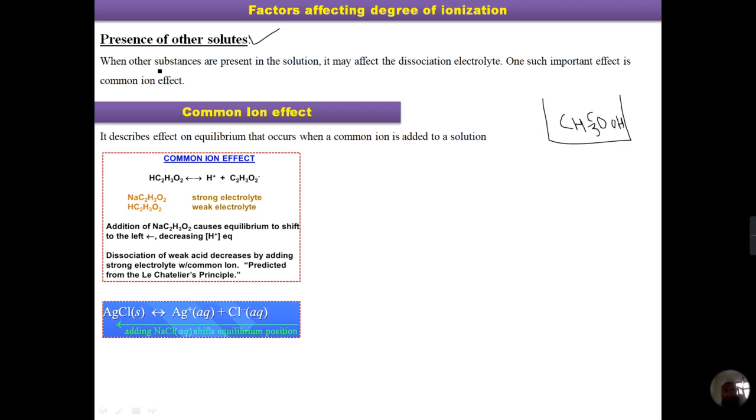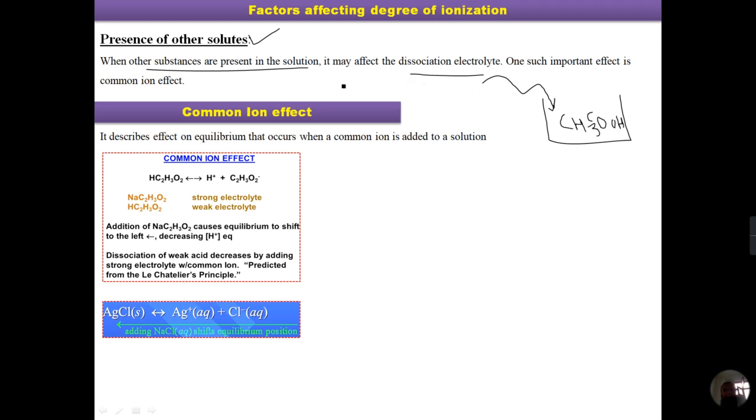Now this point says that when other substances, some foreign substances apart from the acetic acid, are present in the solution, that may affect the dissociation of the electrolyte. This factor says there's a possibility that other ions or substances present in the electrolyte solution can affect the rate of dissociation.